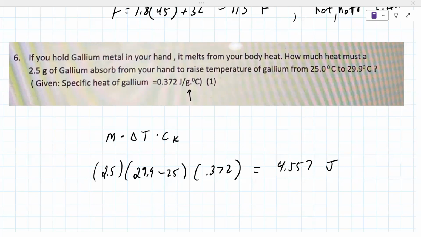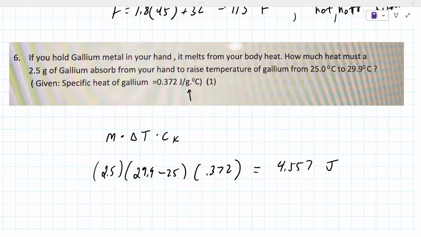I did not get that. Hold on, we're not using the specific heat of 4.1. We're using the 0.372. That 4.1 would be the specific heat of water. They have to give you the material. All right, nice.